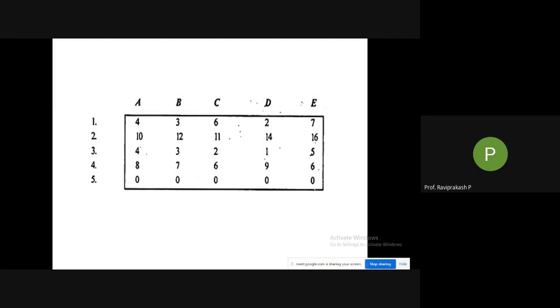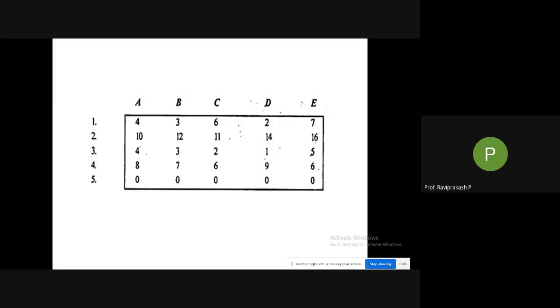First start row reduction, then column reduction. If you are intelligent enough, you can find out that in the column reduction, all the values would be 0, because the whole fifth row has zeros.